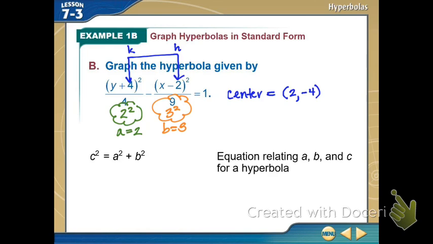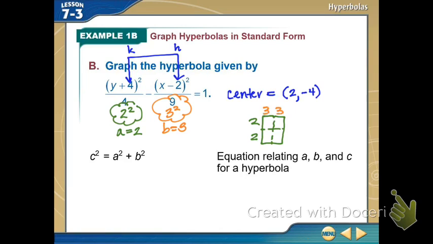So that means I'm going to be going up and down 2 spaces to make my box. And then the width of the box is going to be 3 by 3.